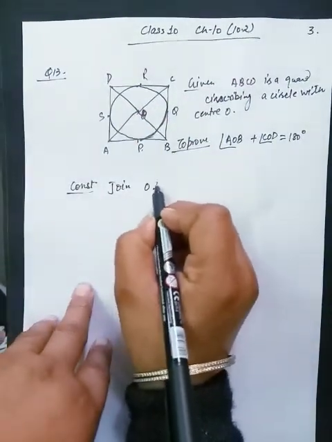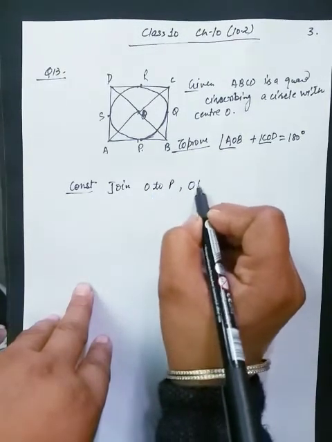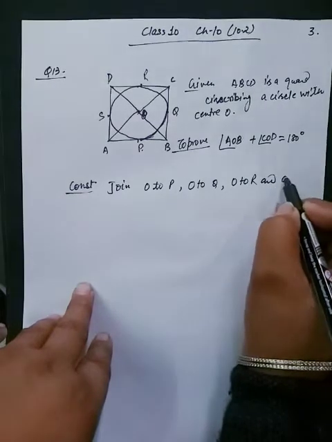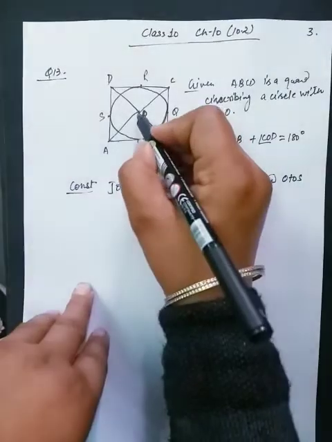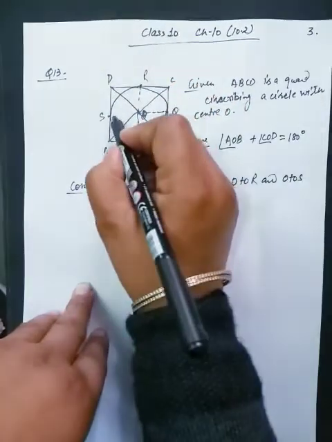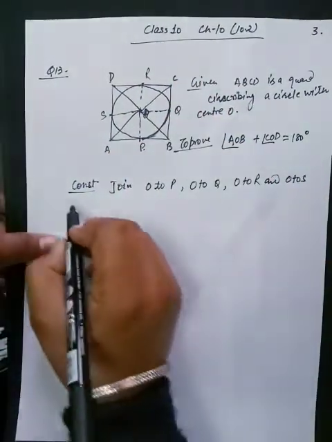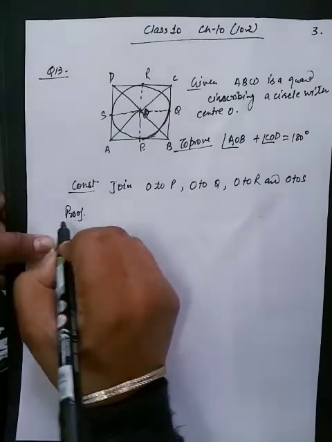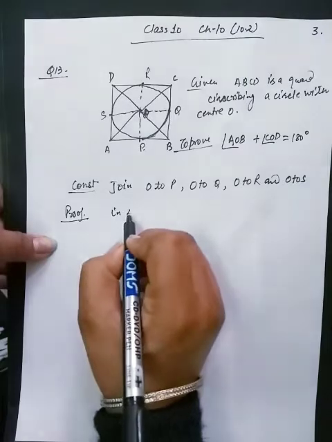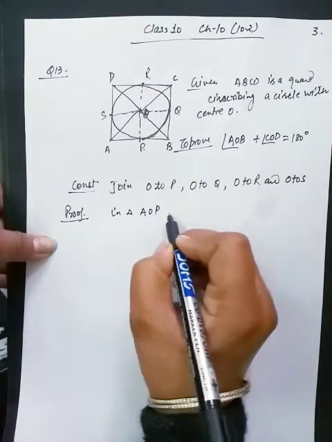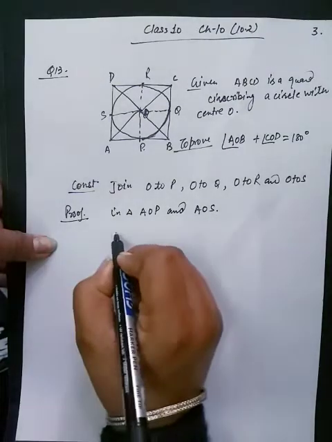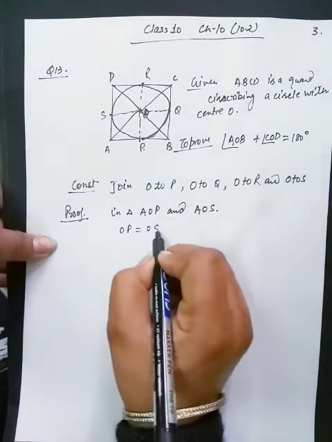So join O to P, O to Q, O to R and O to S. Now in triangle AOP and AOS, OP is equal to OS.